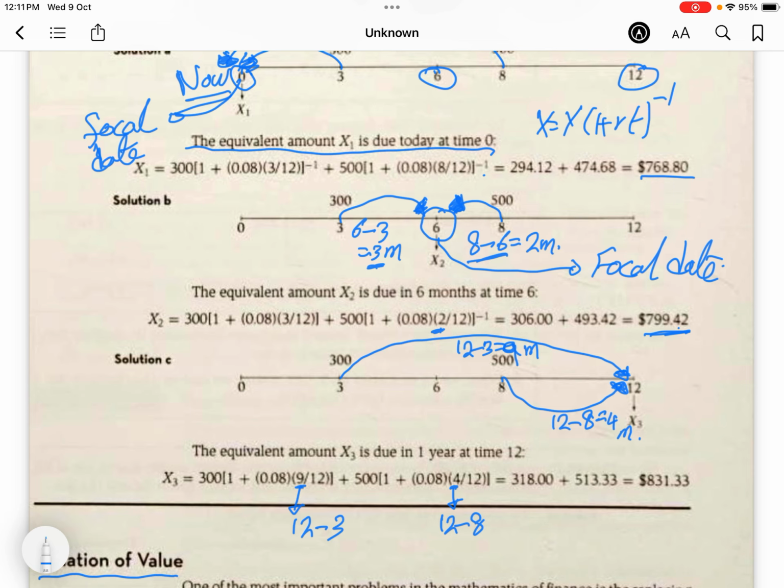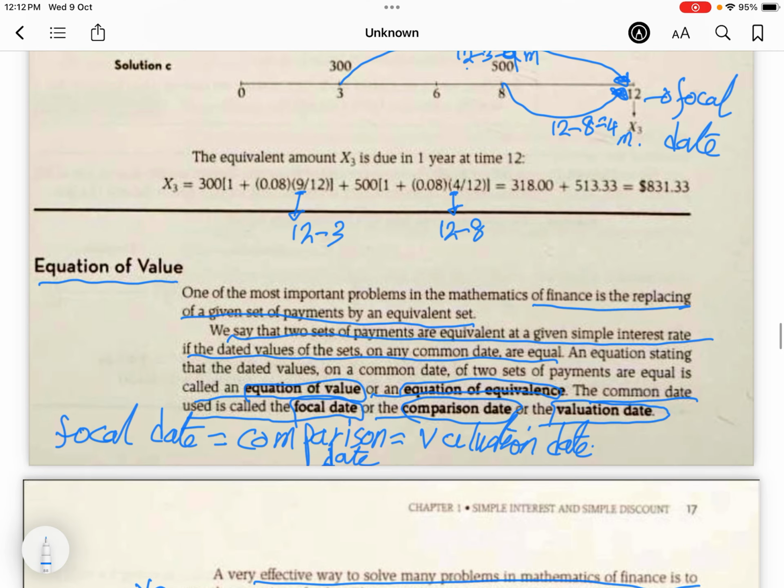Here 12 is the focal date, and 12 minus 3 is 9, and 12 minus 8 is 4. Since all of them are going to the right, we must have multiplication, and this is the value.